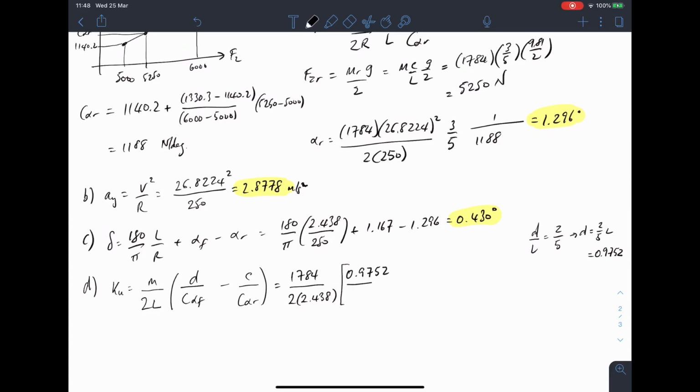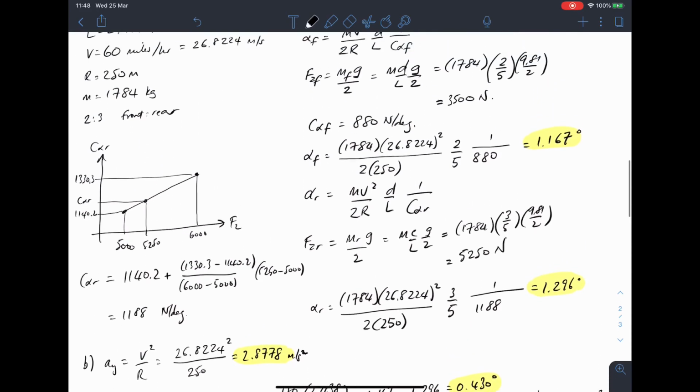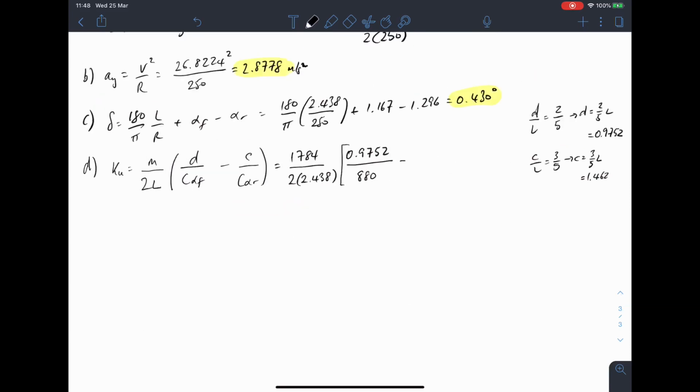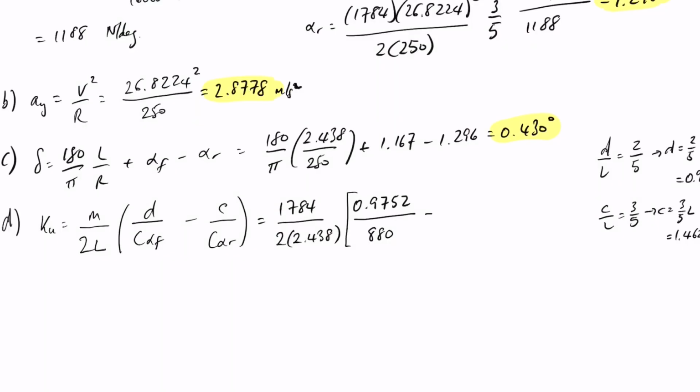0.9752 divided by C alpha F, and that was 880, that's right, so 880. Then we've got minus the value for c. Okay, c upon l is 3 over 5, so that means that c is 3 over 5 l, and that, I believe, comes to 1.4628. So that's 1.4628 divided by 1188.